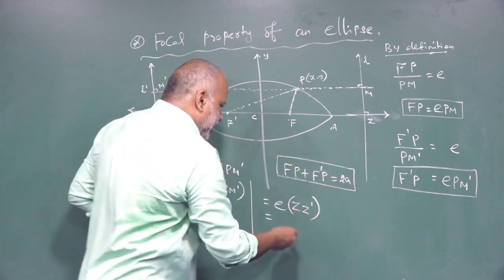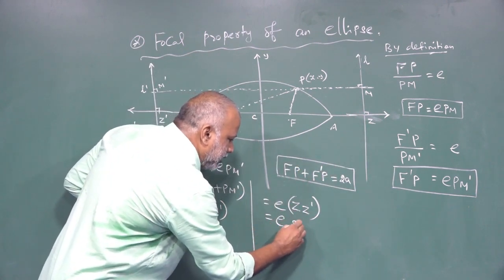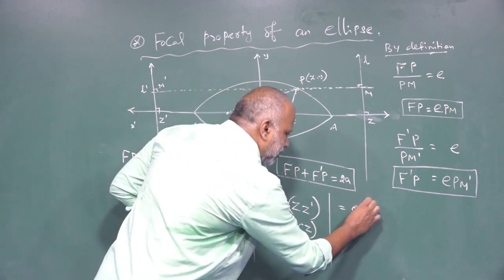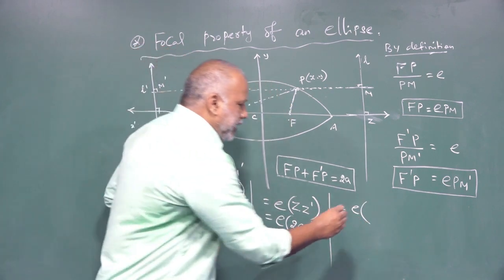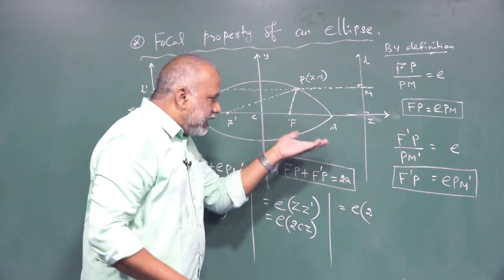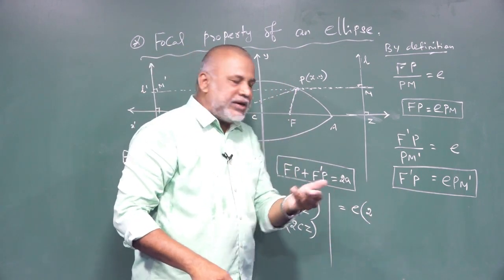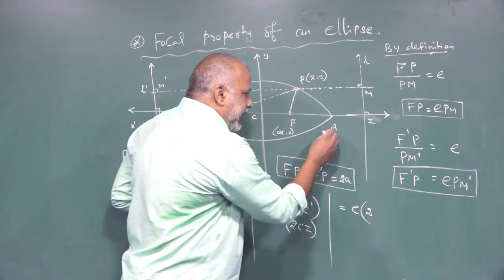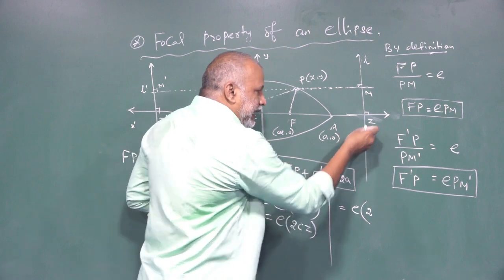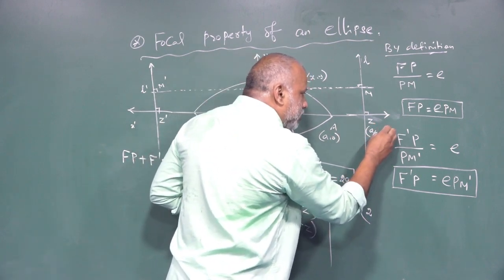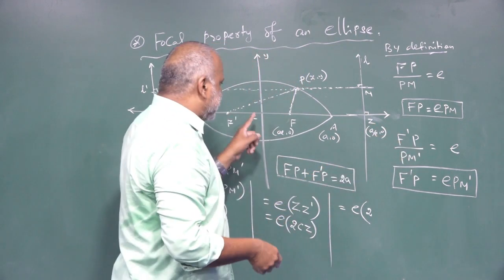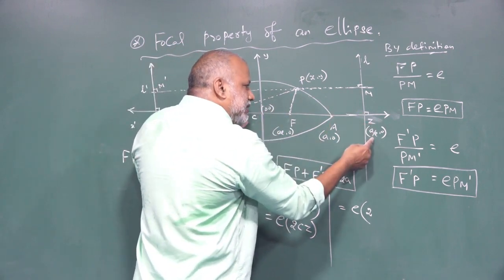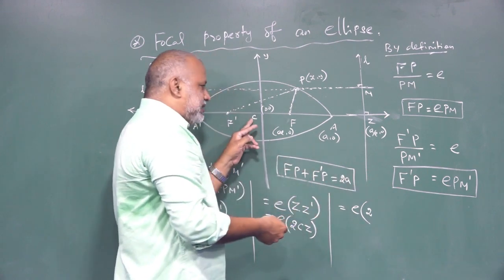So I can write this as E into 2 times Z. Listen here, E is already a constant, 2 is also a constant. In the previous discussion, I explained F is the focus (AE, 0), A is the vertex (A, 0), and Z is (A by E, 0). C is the center (0, 0). So from C to Z, what is the value? A by E. C is the origin.